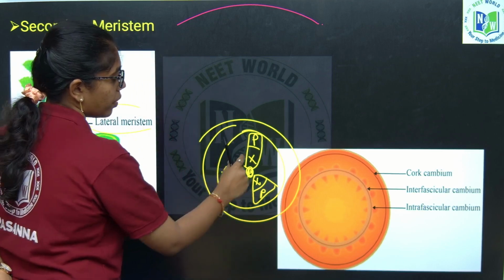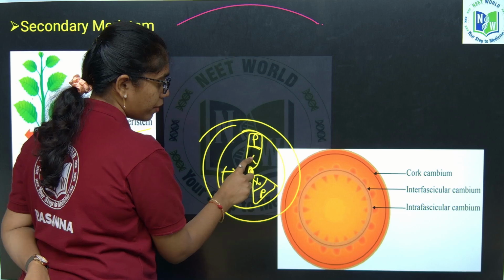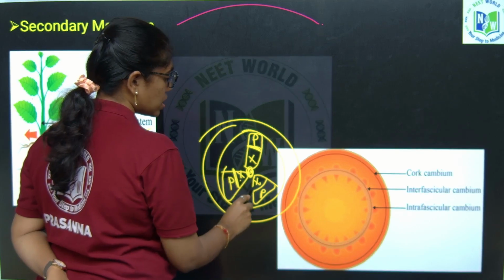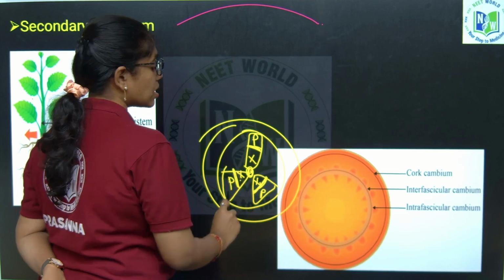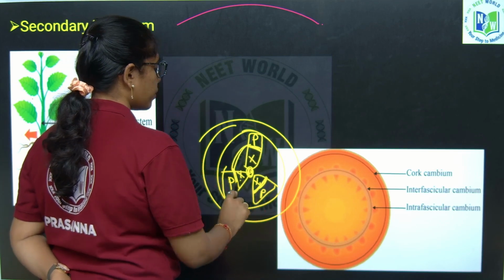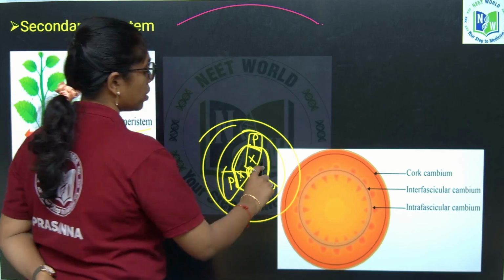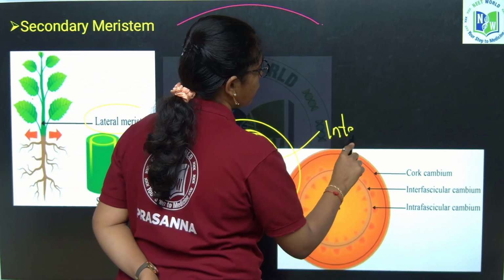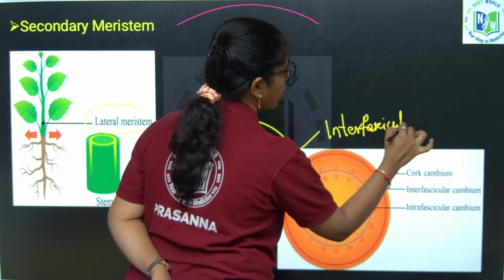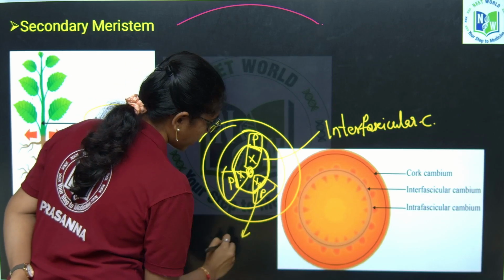The cambium, or a few cells in between xylem and phloem, become meristematic again and form a cambium between xylem and phloem. This is the intrafascicular cambium. The cambium which is formed between two vascular bundles, connecting the intrafascicular cambium, is called interfascicular cambium.